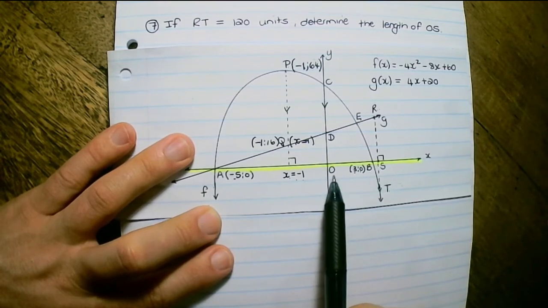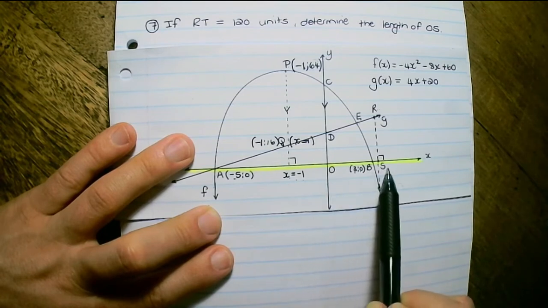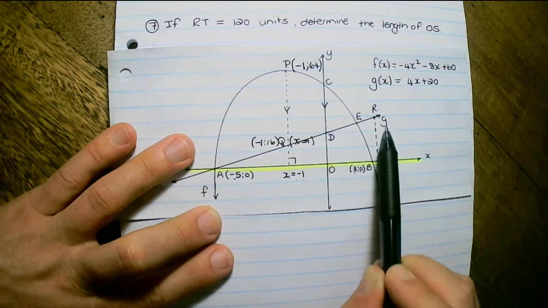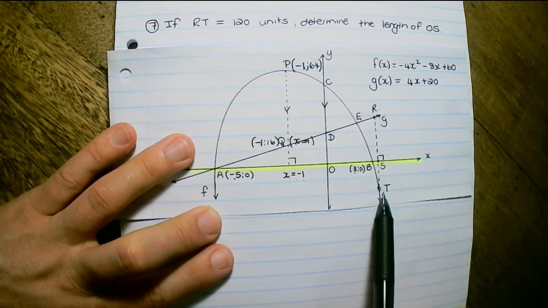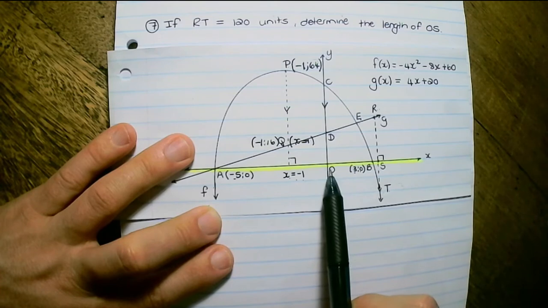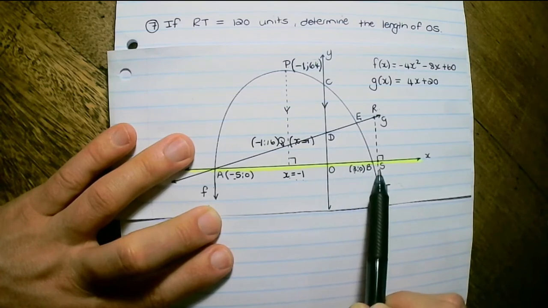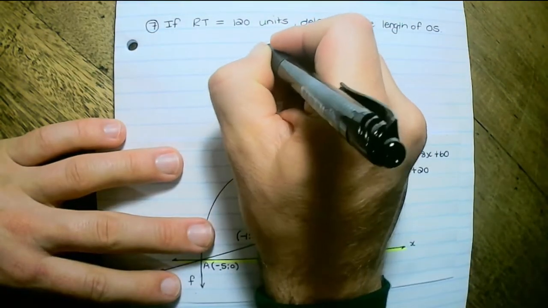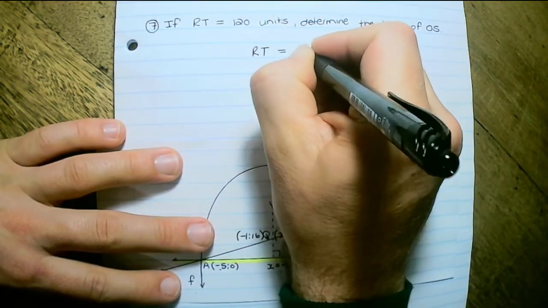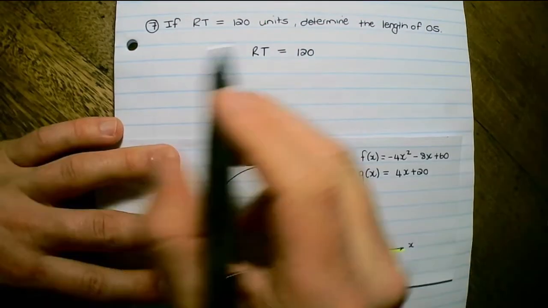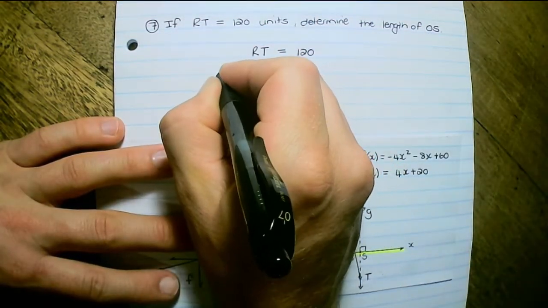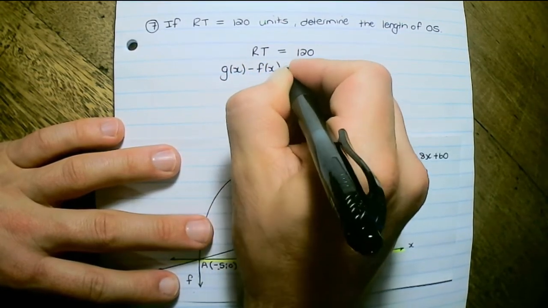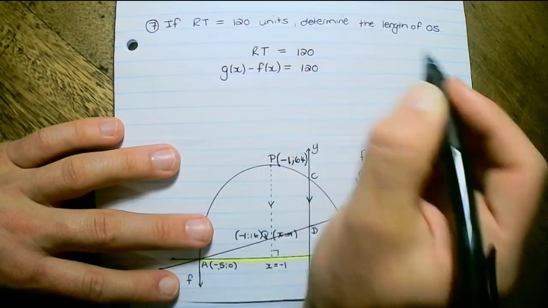So actually what they are asking us to solve is the x coordinate, because if I can find the x coordinate of either R or T, then I would find the length of O to S, which is on the x-axis. So RT is equal to 120. But RT is the same as saying g(x) minus f(x) is equal to 120.